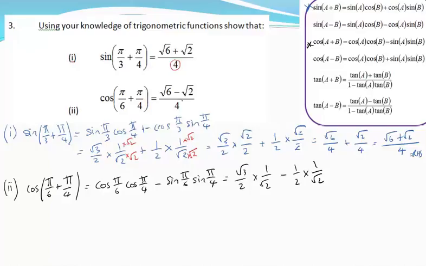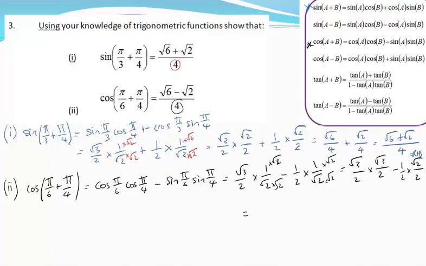Again, we look at our equation here and we're wanting a 4 at the bottom. So we're going to do the same thing. We're going to multiply by root 2 and multiply by root 2, multiply by root 2 and multiply by root 2 here. So we end up with root 3 on 2 multiplied by root 3 on 2 minus a half multiplied by root 2 on 2.